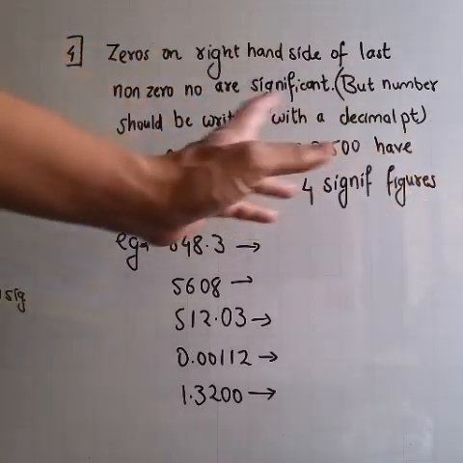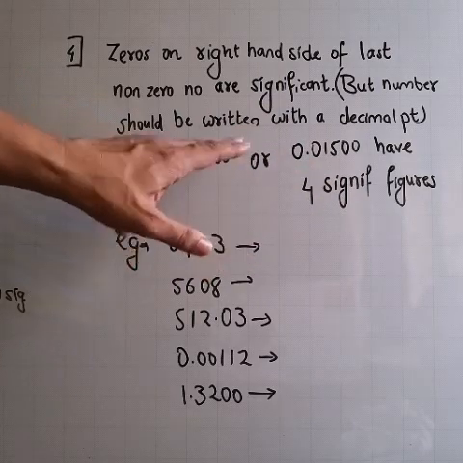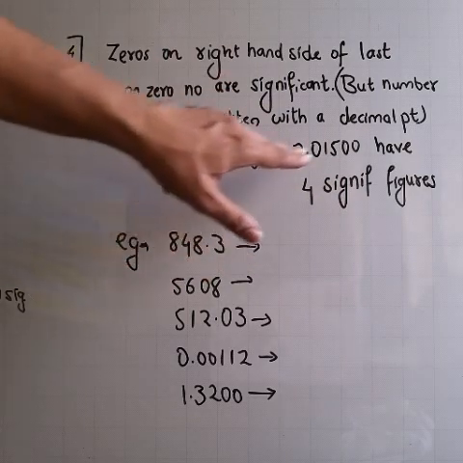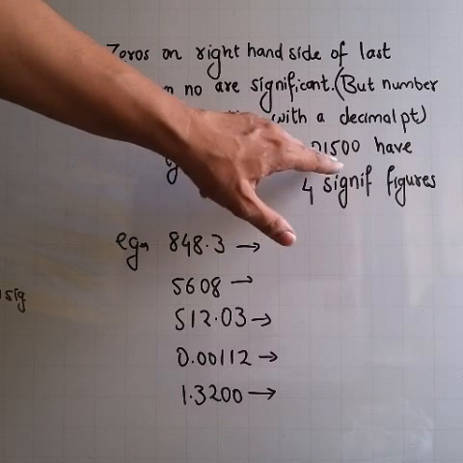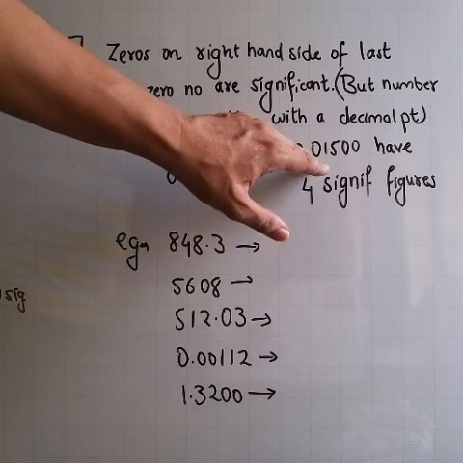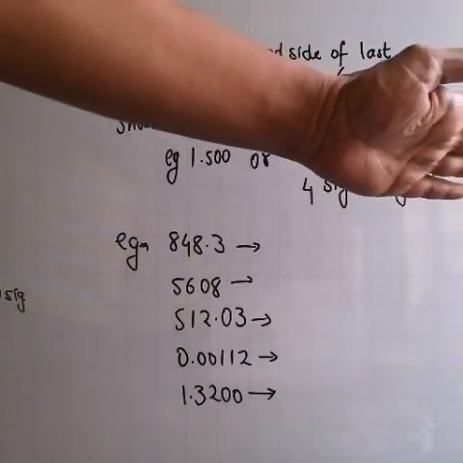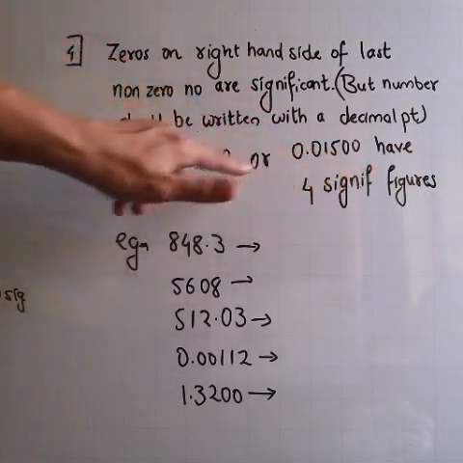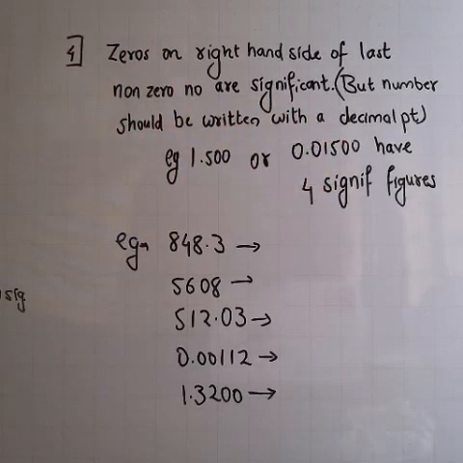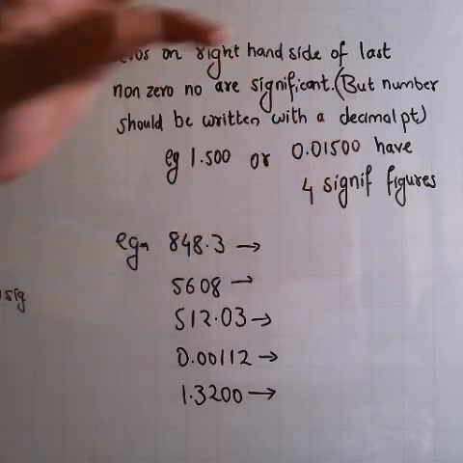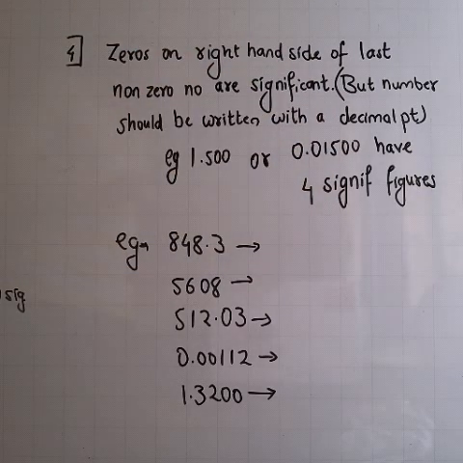If they are coming on the right hand side, these will be called significant figures. So it may be written in this way or in this way. Here the zero to the left is insignificant, but these two zeros are to the right, so these will be significant. So in both cases, the number of significant figures will be 1, 2, 3, 4. 4 significant figures will be present in this case.